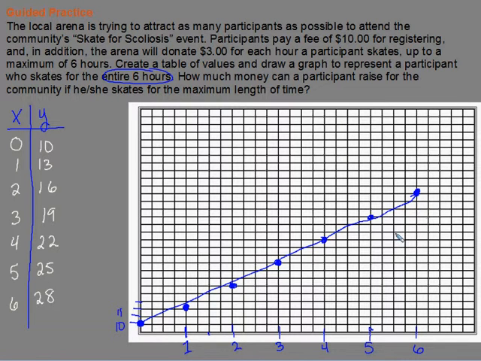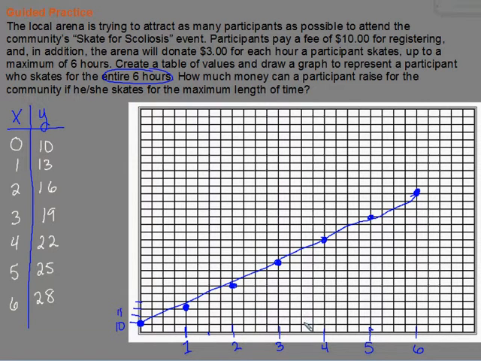But when you're talking about hard statistics, real-world data, there's not an infinite amount of money that can be raised for this charity. One person is not going to raise infinite money. So there will be a limit, and the graphs will end.